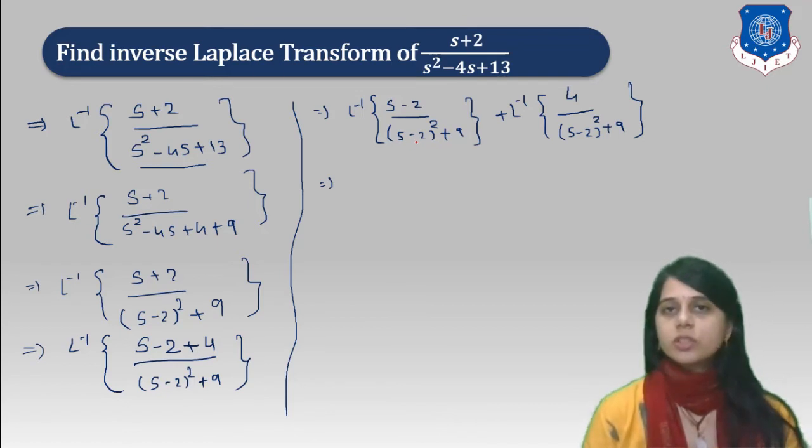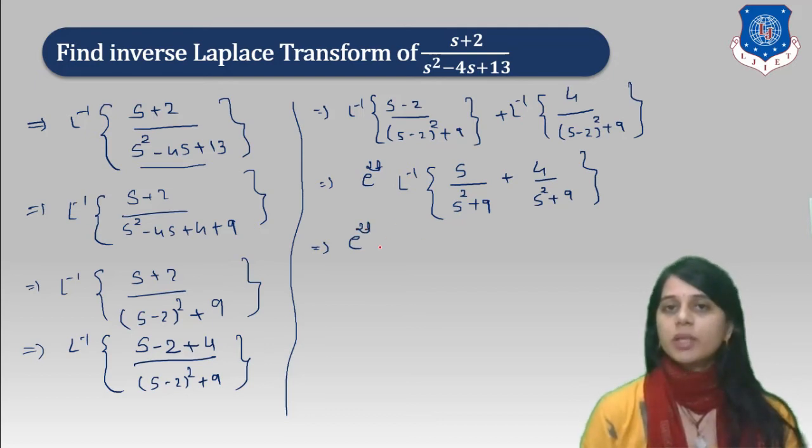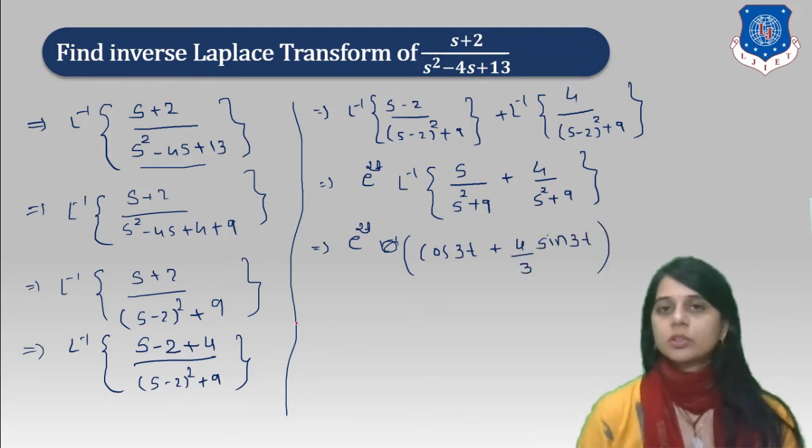Now this is the inverse first shift theorem. We are taking e raised to 2t as a common. So we get s upon s square plus 9 plus 4 upon s square plus 9. e raised to 2t. Laplace inverse of s upon s square plus 9 is cos 3t, and it is 4 by 3 sin 3t. So this is your answer of this example.